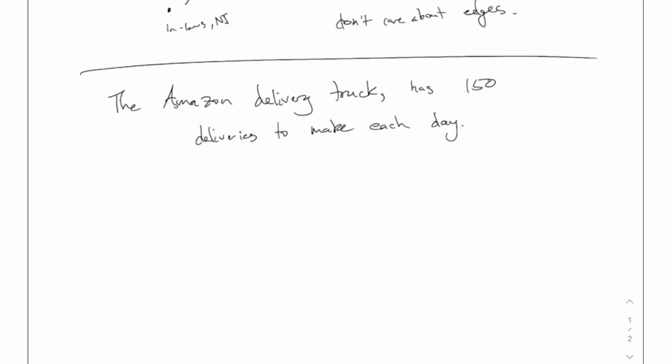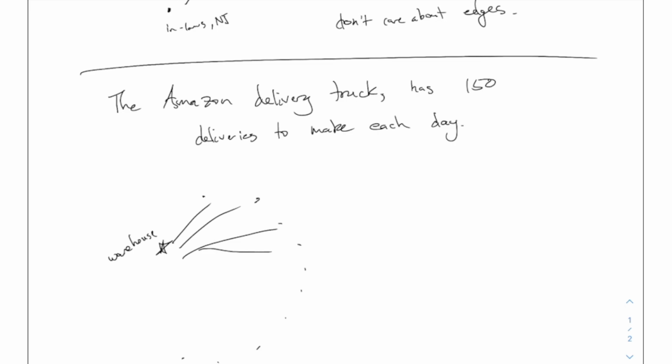And you could represent that as a graph also. What you have is the warehouse somewhere where you park the truck at night, but then you have just 150 addresses that you have to go to. And you could go to them in any order that you like. Now, obviously, some orders are better than others.